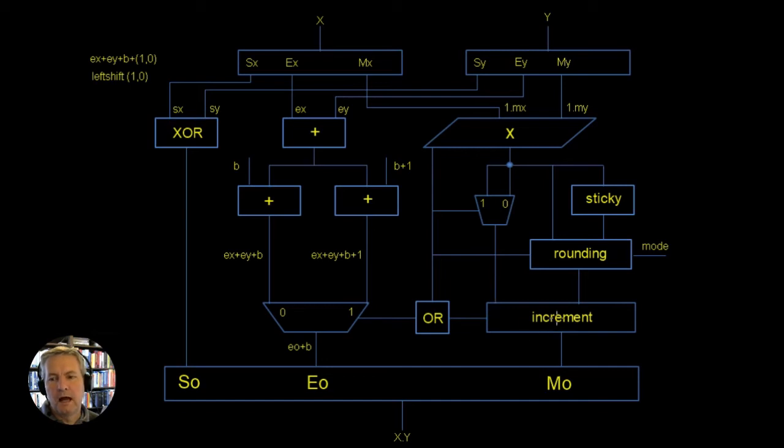So we'd have to add a value of 1 onto the least significant bit of the mantissa, and that value of 1 will potentially ripple all the way up through the mantissa. And you can see here we've also got an output, because that value of 1 could ripple all the way up through the mantissa and then into the exponent. This is why we have this extra section here. So this is another input to this OR gate, and this could increment the exponent by a value of 1 as well.